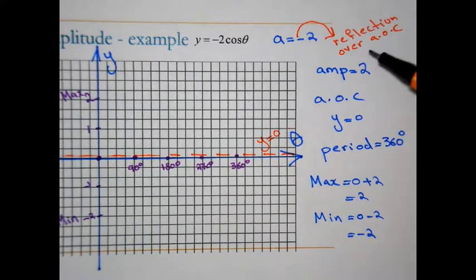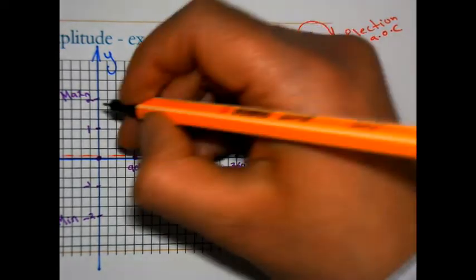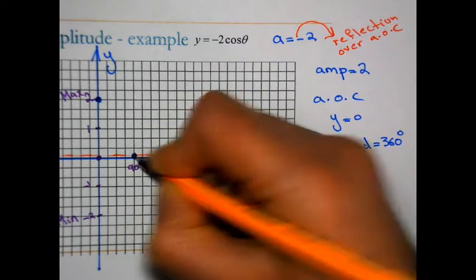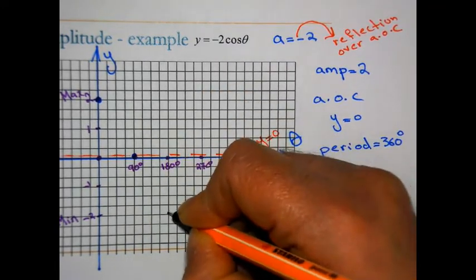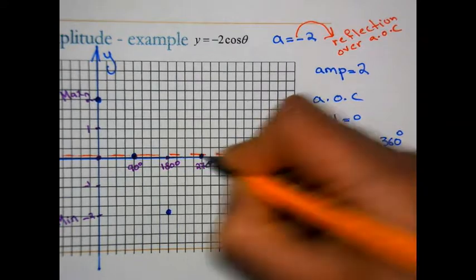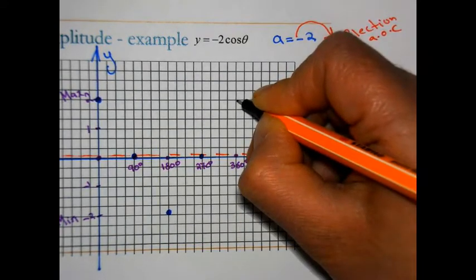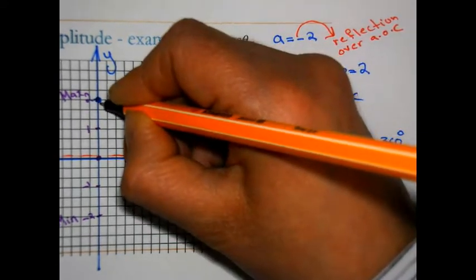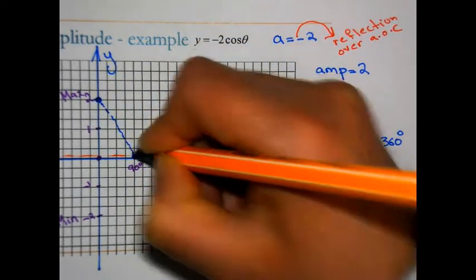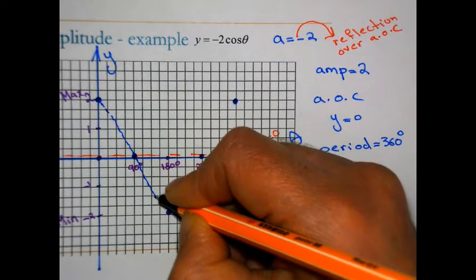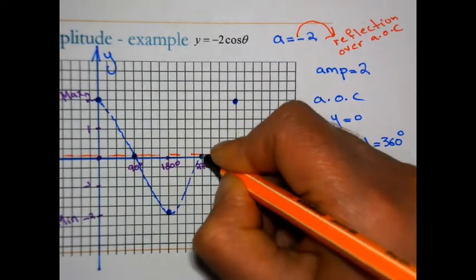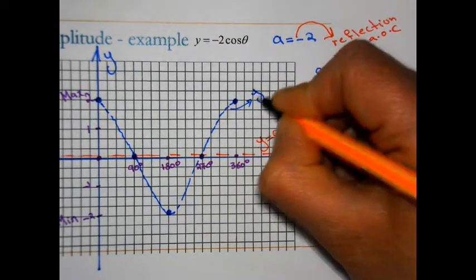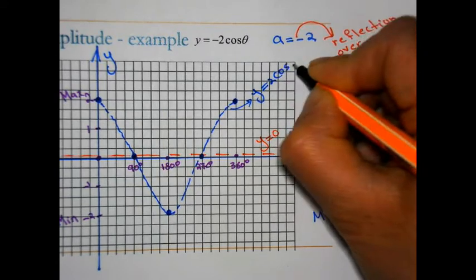Okay, so the cosine key points, if you remember, starts from max, goes to axis of curve, goes to minimum, axis of curve, and then goes to max. So I am going to do this with a dotted line. So this one is actually y equals 2 cosine theta.